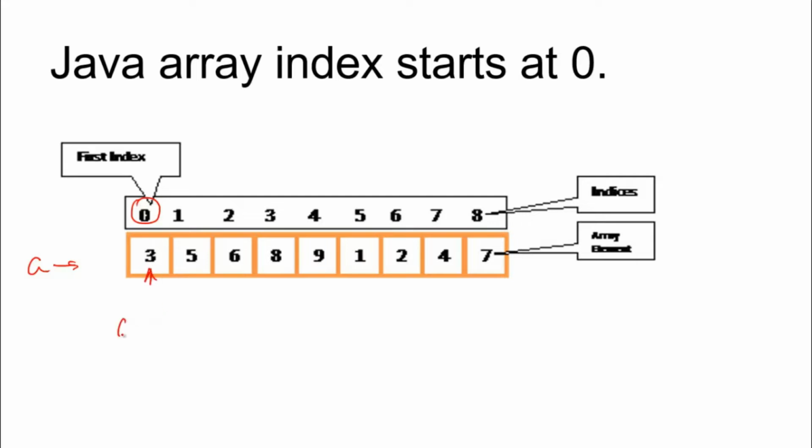And if I say a of 0, that means a of 0 will contain 3. So this a0 or a1, these are called subscript variables.